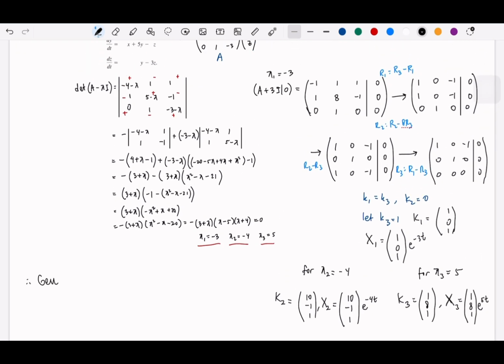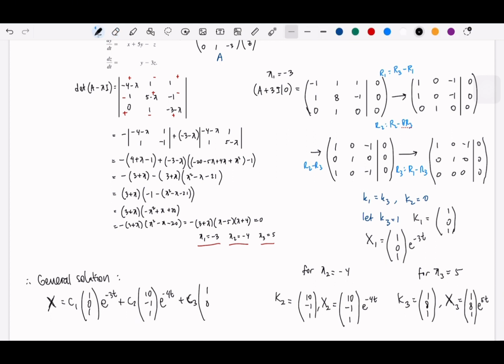The general solution based on x1, x2, and x3, we can write x is C1 (1, 0, 1) plus C2 plus C3 to the power of 5t. Okay.